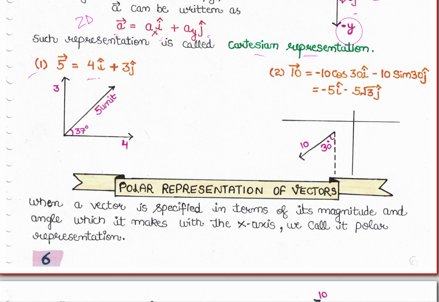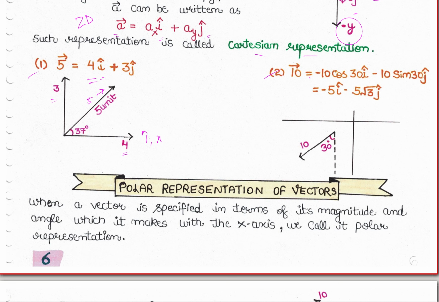This is 4 i cap, that is along the x-axis. Its magnitude is 4. Along the y-axis or j cap direction, its magnitude is 3. So the vector is 5 units along this, and it is making an angle 37 degree.